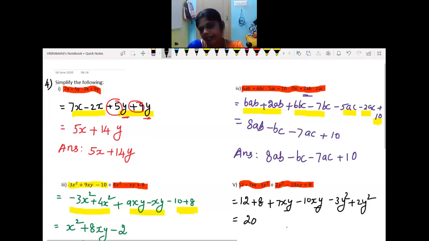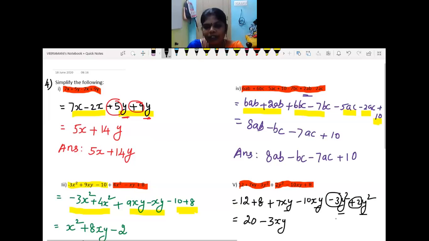xy is the common variable. So plus 7 minus 10 you get minus 3xy. Because 10 is the greater number, the sign of the greater number is negative. So minus 3xy. Look at the next two. y square, common variable. So minus 3 plus 2, different sign.